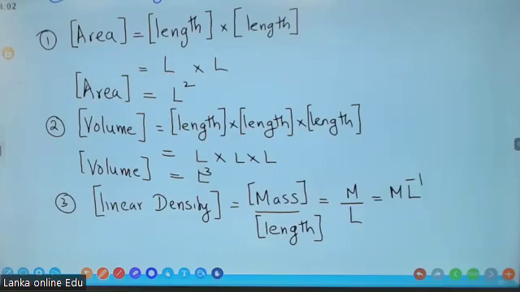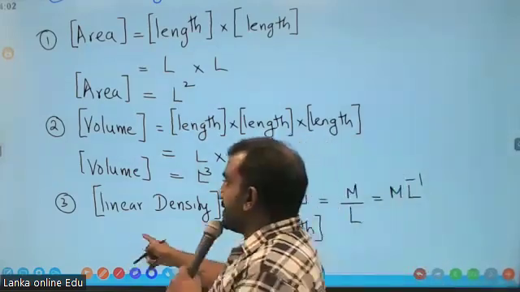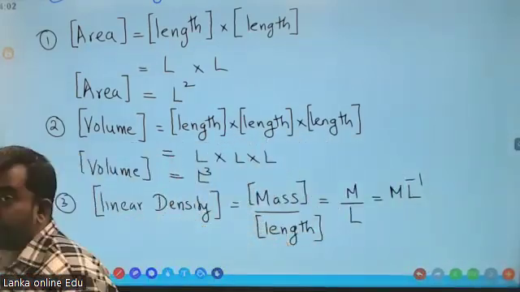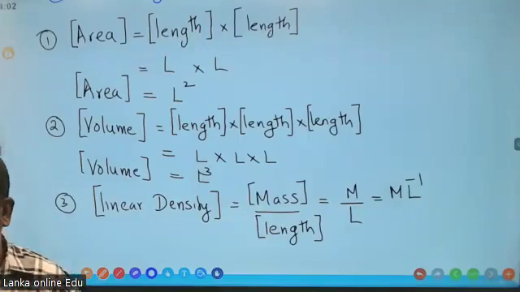Others keep on working. Turn back, look at the equations, keep writing. Next one is, I think, surface density, volume density, that will continue. I told all the ones who were not here also to write it.